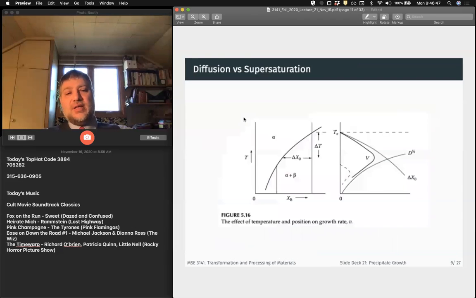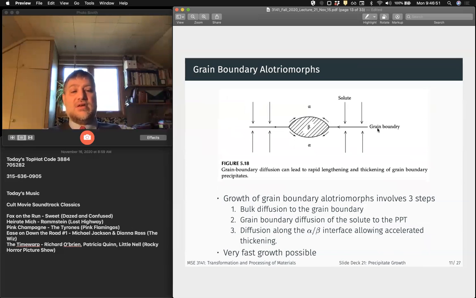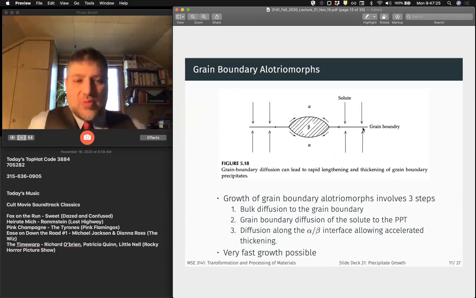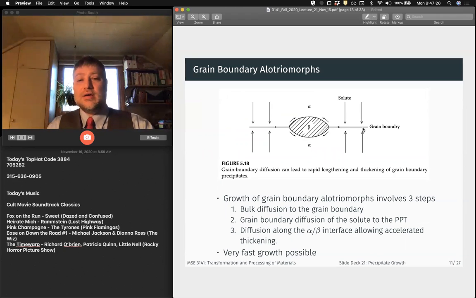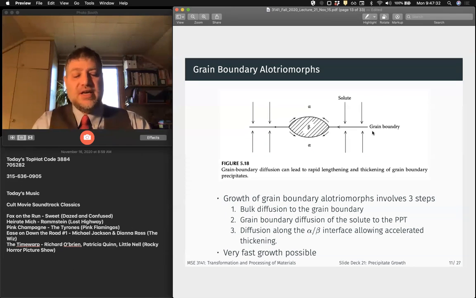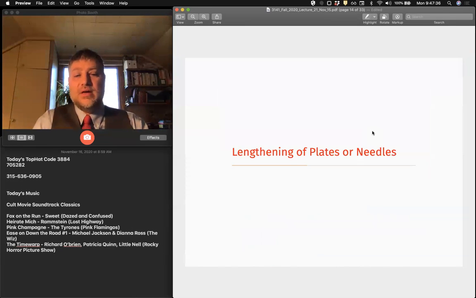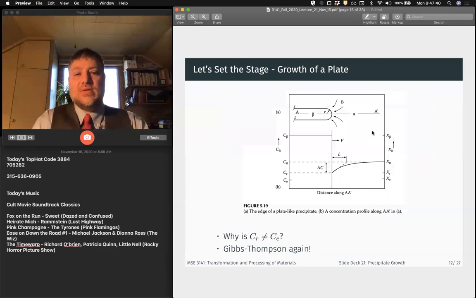And we have essentially a limitless supply of it because of easy diffusion along the grain boundary. And we have a huge amount of grain boundary surface for bulk diffusion to get us to. So grain boundary allotriomorphs can grow much faster than inner growths in the middle. So allotriomorphic ferrite will grow much faster than idiomorphic ferrite, for example, or allotriomorphic cementite will grow much faster than idiomorphic cementite. Okay, so what happens if we have a plate or a needle?